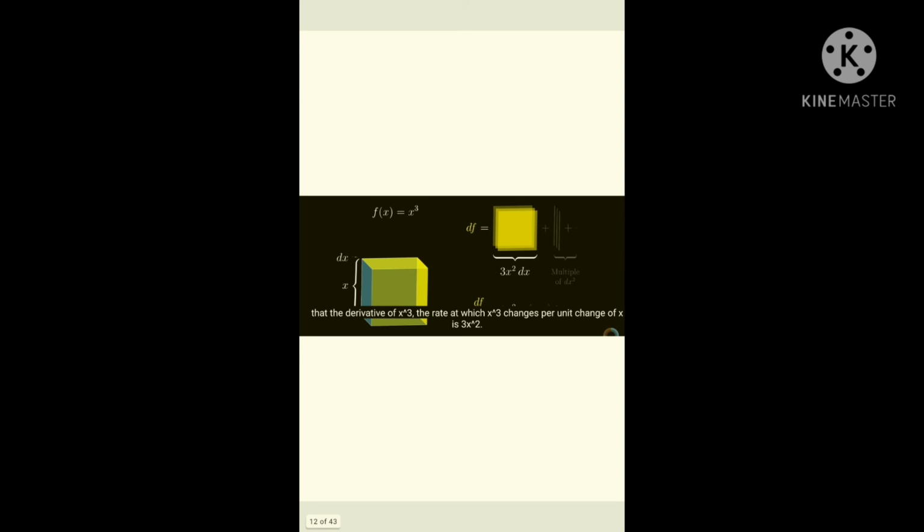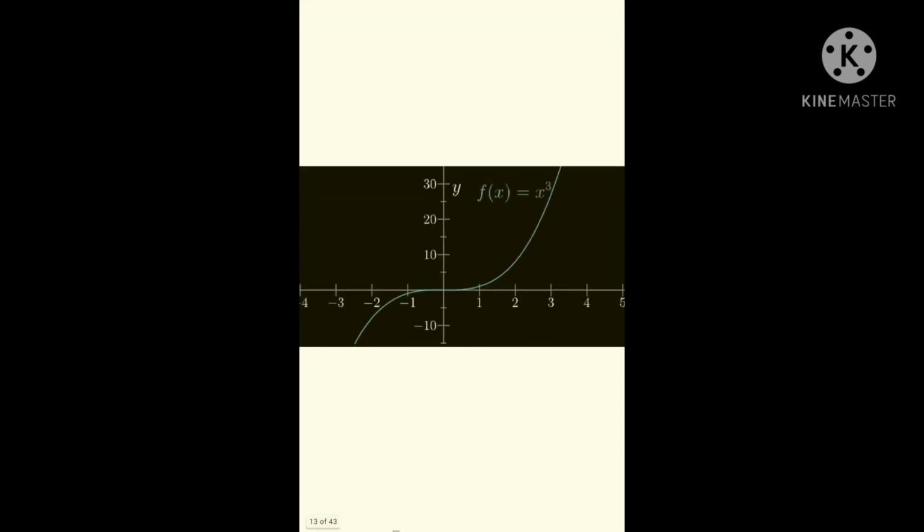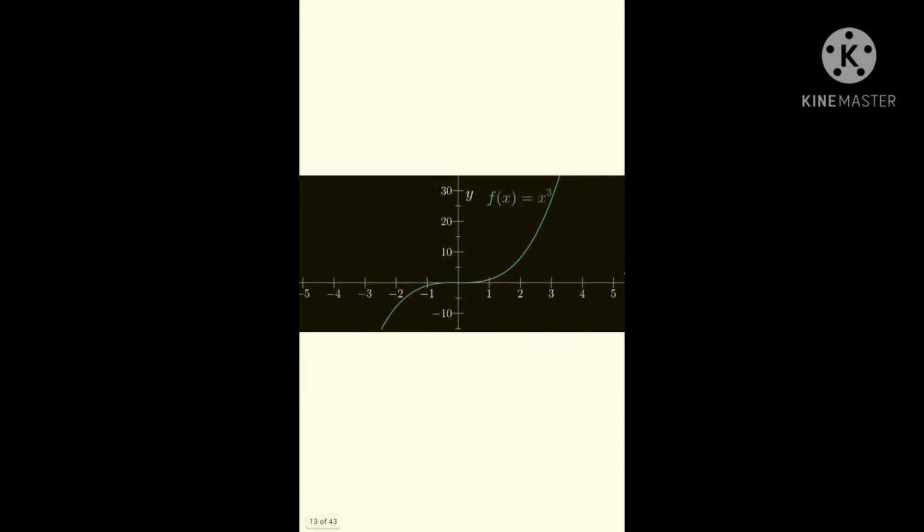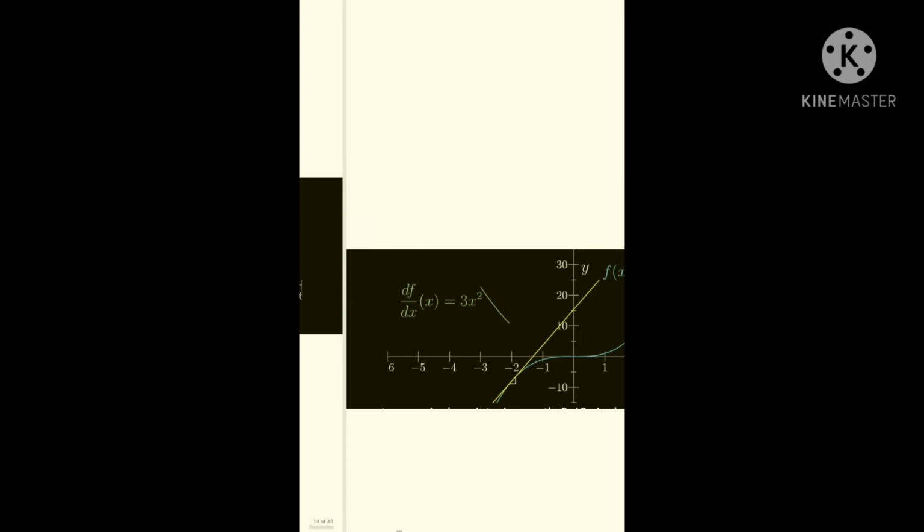So df, if you want to find out, is 3x square into dx. So I can say that the derivative of x cube is 3x square. Now dx will come in the denominator with df. See, if you have a cubic function, then your graph is like this.